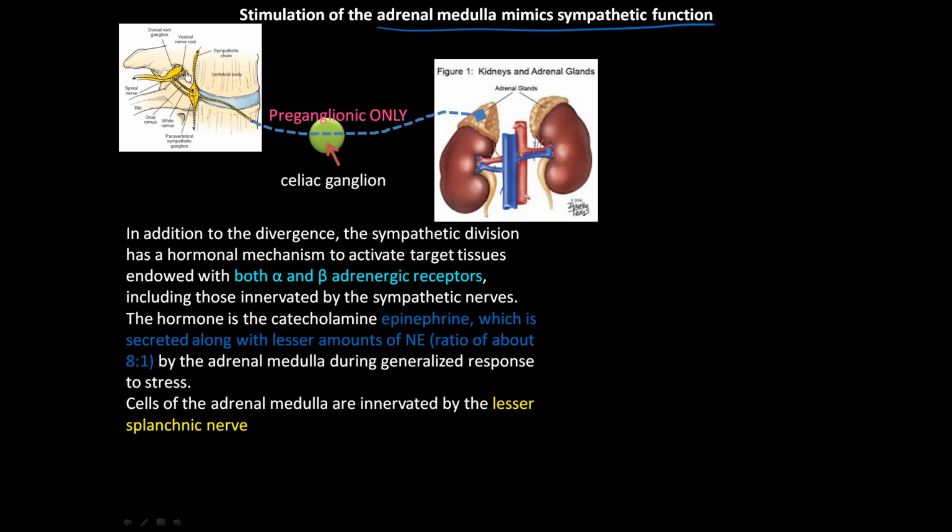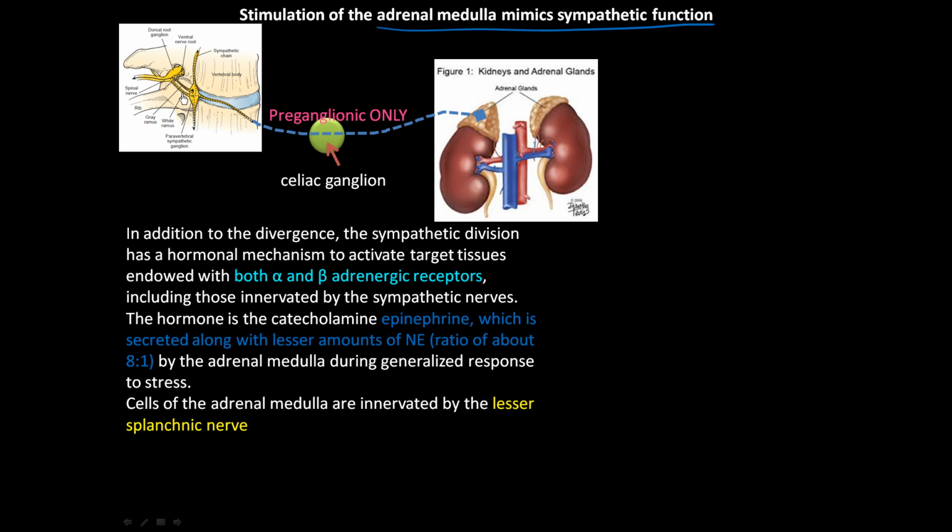You've already seen this picture, but this is a preganglionic sympathetic neuron coming out of the ventral roots, crossing the white rami into the paravertebral sympathetic ganglion, or the sympathetic trunk that runs up and down adjacent to the vertebral bodies, the vertebral column, the spinal column, or the spine.